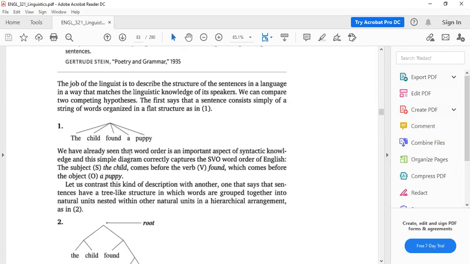In the previous section, we noticed that word order is an important aspect of syntactic knowledge. And this shows that English is an SVO language. We have the child, subject, found, verb, a puppy is object. Good.